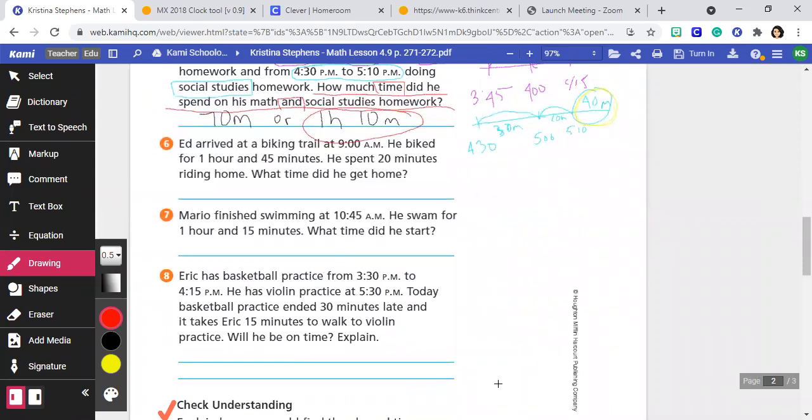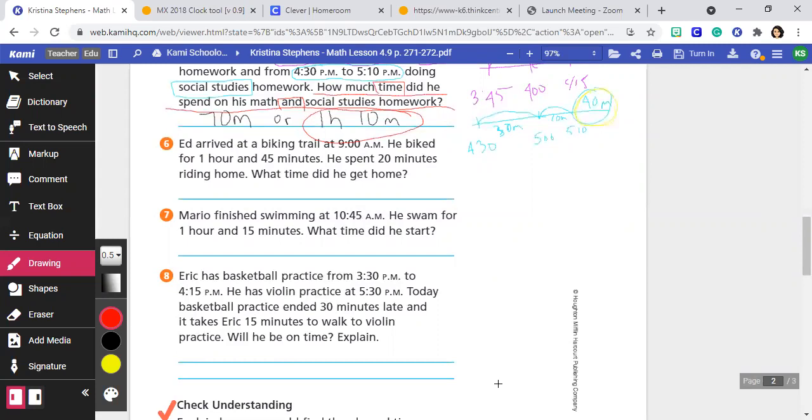Ideally, if I were face-to-face with you, I would ask you to be doing this in a group with a partner or by yourself. So if you want to stop the video, try these on your own and come back to compare your answer with my answer, that certainly is a good strategy. Let's keep going.